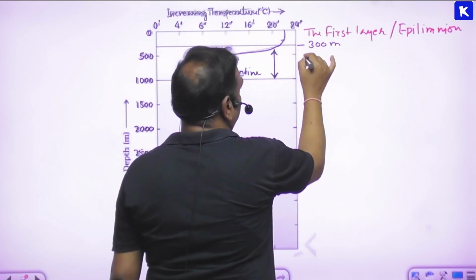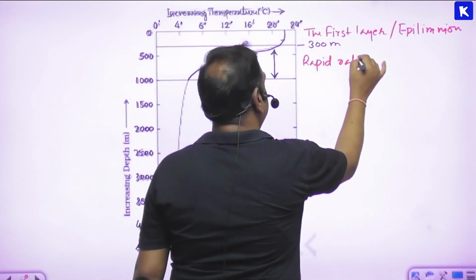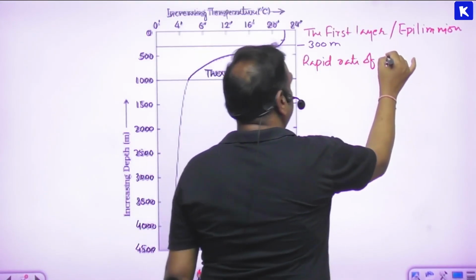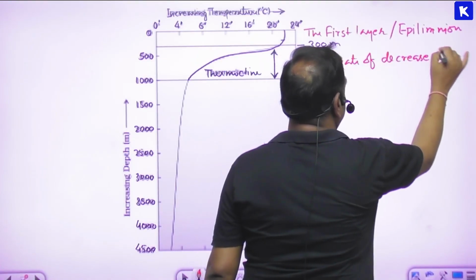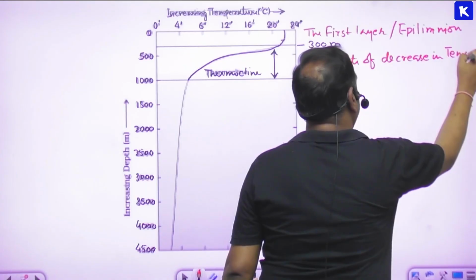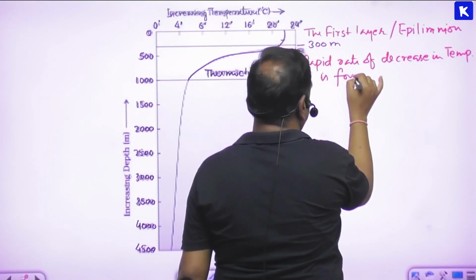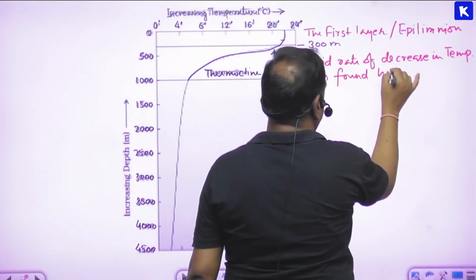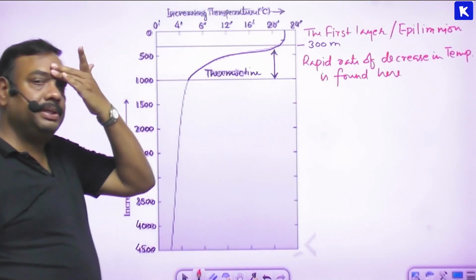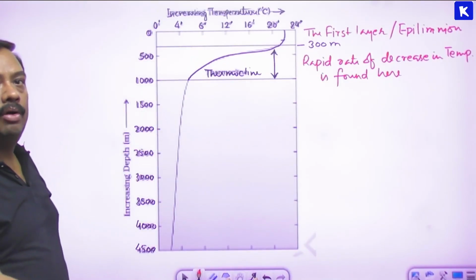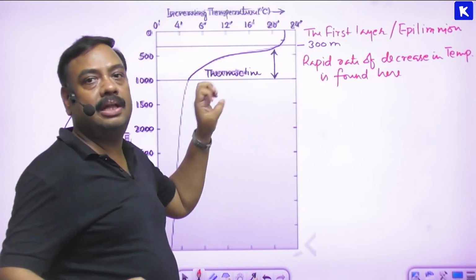It is written in your NCERT that a rapid rate of decrease in temperature is found here. Got it? It is the second layer that is called the thermocline layer.